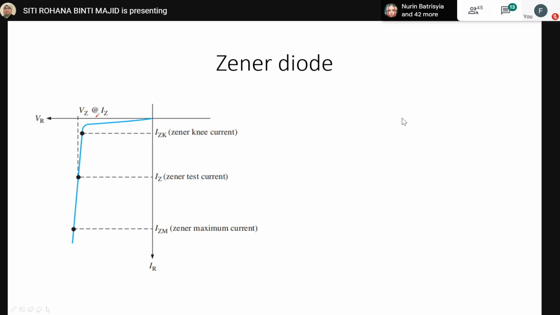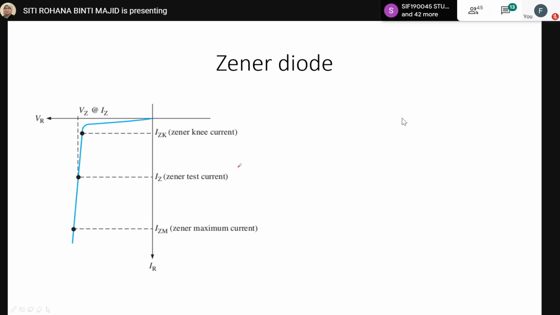The first one, the internal resistance of the Zener diode decreases, and the second one, current increases drastically but voltage remains almost constant.